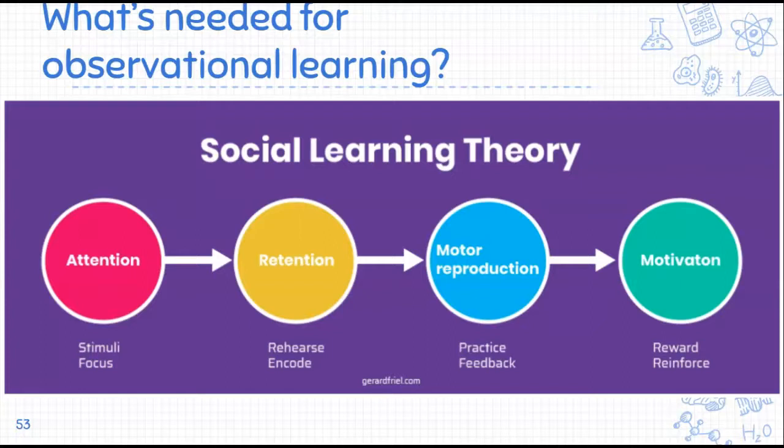So say you're in math class and you're playing on your phone the whole time, which I hope you are not, but for whatever reason, your math teacher is not enforcing the cell phone policy and you're playing on your phone. You're probably not going to be able to learn the skill that your math teacher is teaching you because you aren't paying attention. Even if something is happening within your environment, if you aren't directly, purposefully observing it, then it might be difficult for you to actually perform the behavior at a later point.